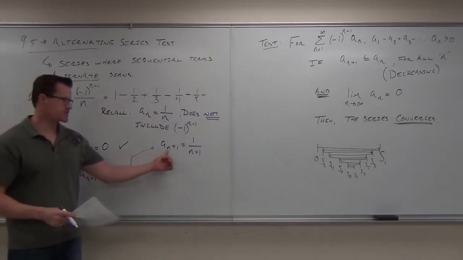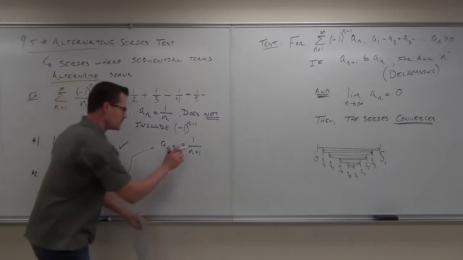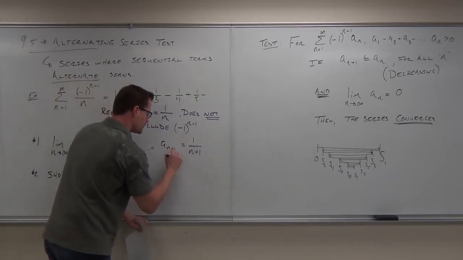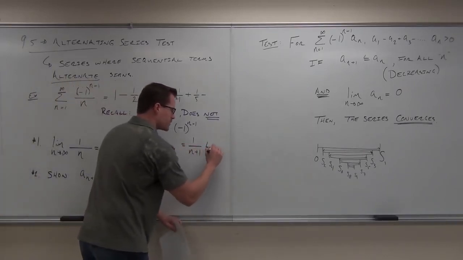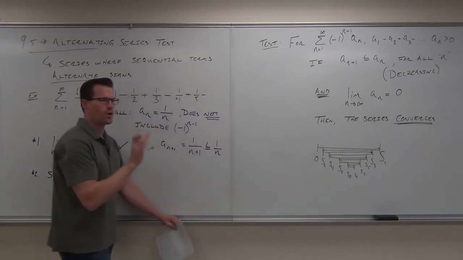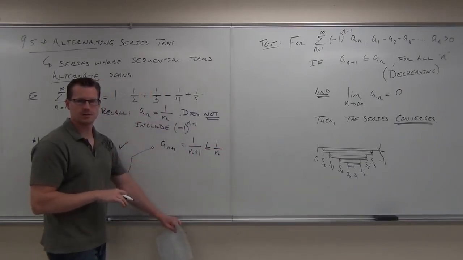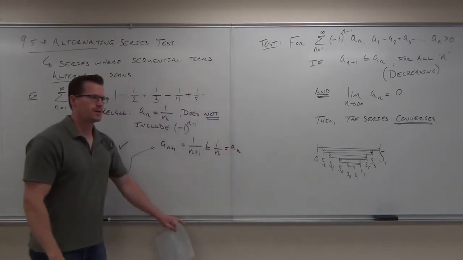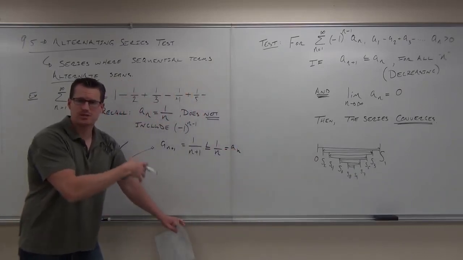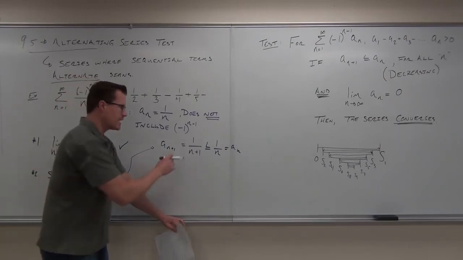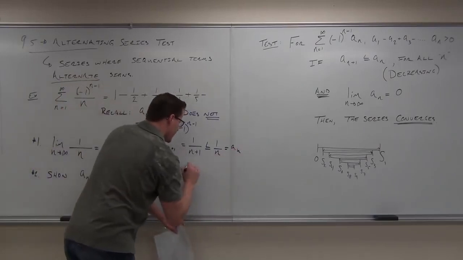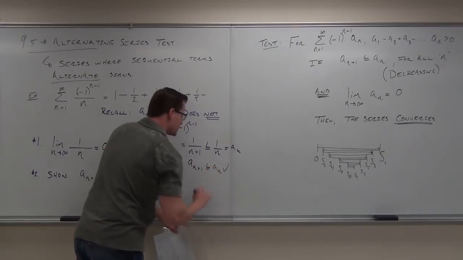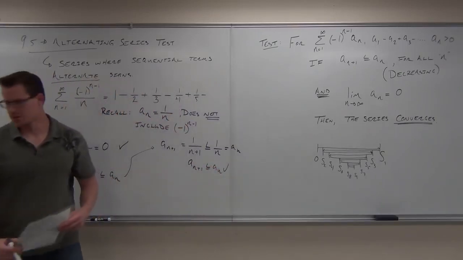A sub n plus 1 says you plug in n plus 1. Is that less than or equal to 1 over n, for all n that are positive? Yes. And is this equal to a sub n? Sometimes it's easier to do this than it is a derivative. So right now this says that a sub n plus 1 is less than or equal to a sub n. That shows that it is decreasing.